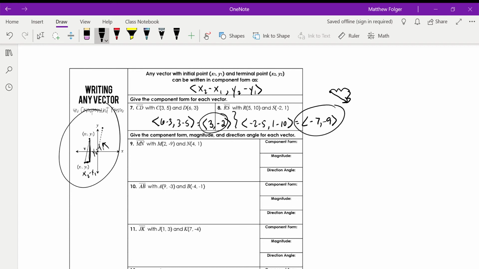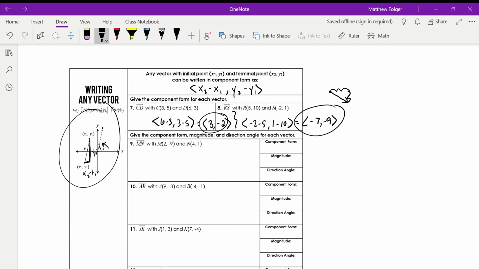All right? So once we're able to do that, then we can add this to what we did yesterday. If I want to know the component form, magnitude, and direction angle, I know how to find the magnitude and direction angle with 2 points. I can just use the distance formula and then find the inverse tan of y over x.